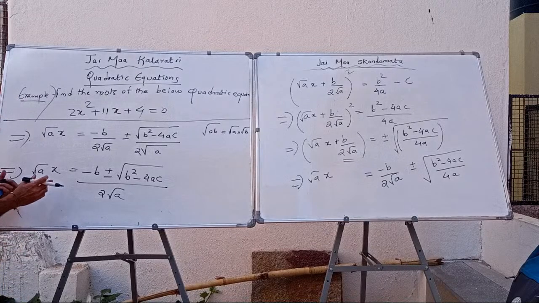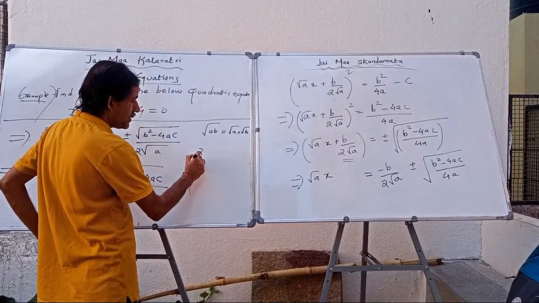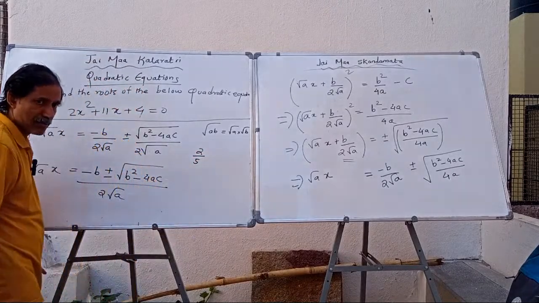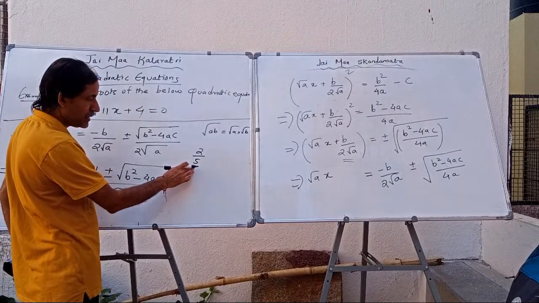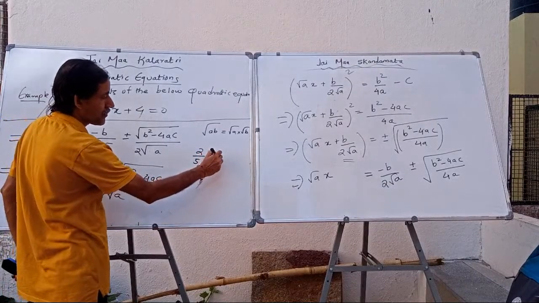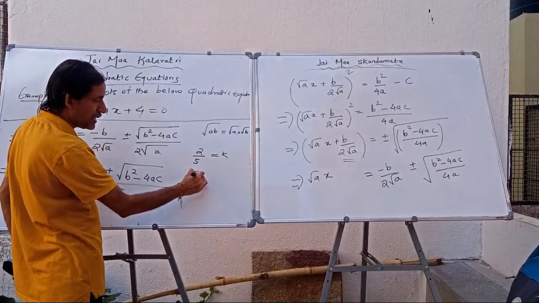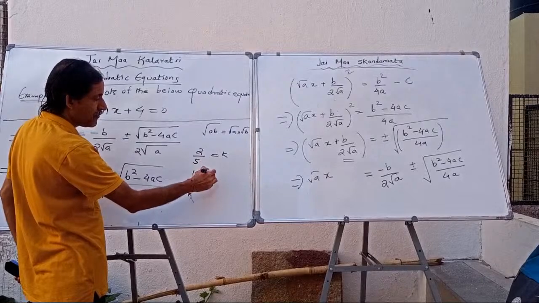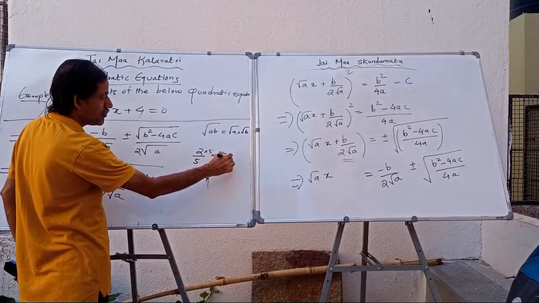See, one thing is, say, 2 by 5. One option is, let's say I don't want 5 in the denominator. I can multiply 5 on both the sides of equal to. So it will become 10 is equal to... wait, I think I'm making some mistake. Not 10, 2.